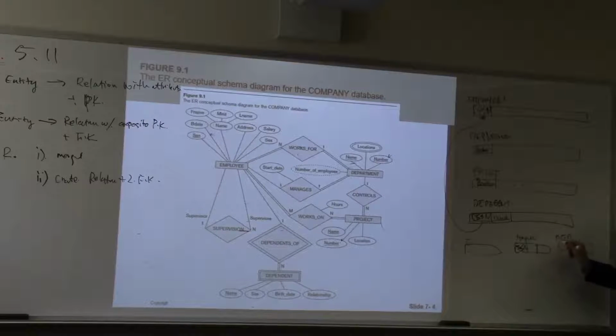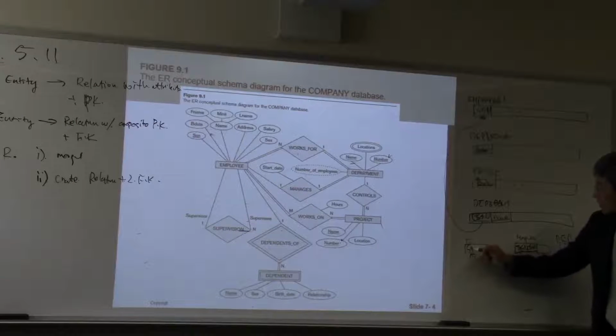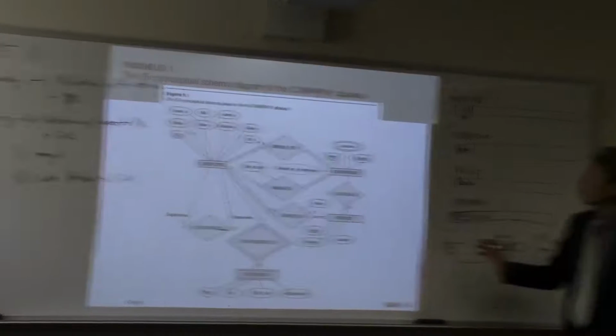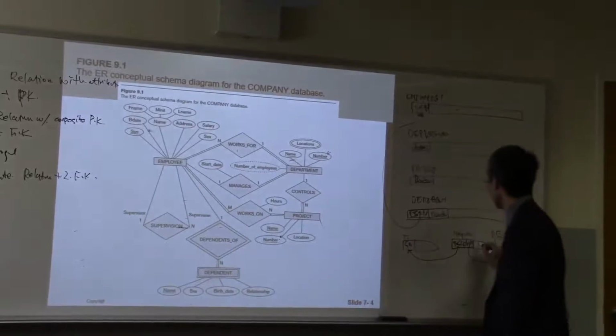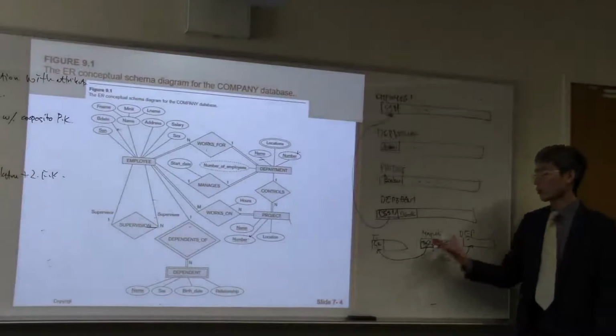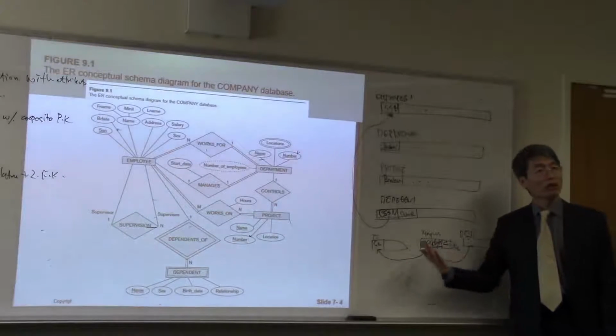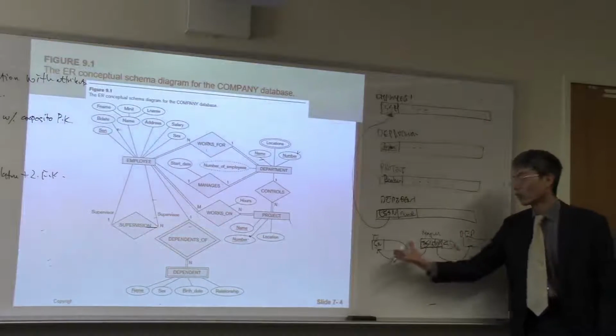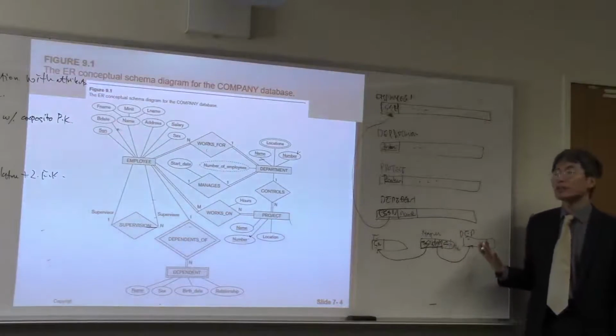What is the key of the other? D number. So the composite key is SSN and D number. And at this time we can put the start date here. So we create the in-between relation between this one and this one, then create the 2 foreign keys. That is the second option.